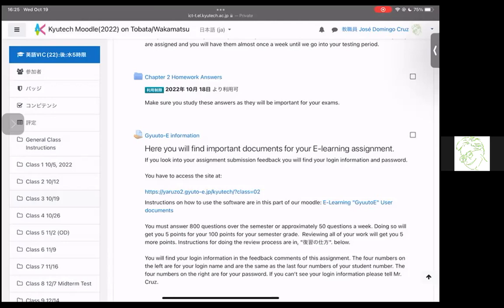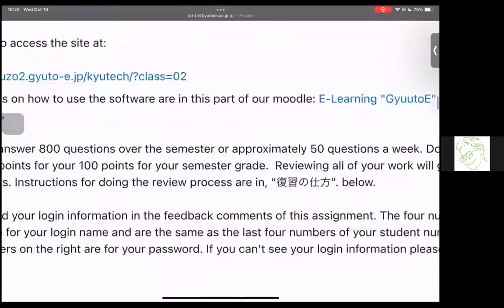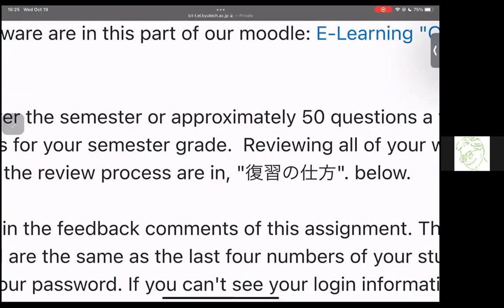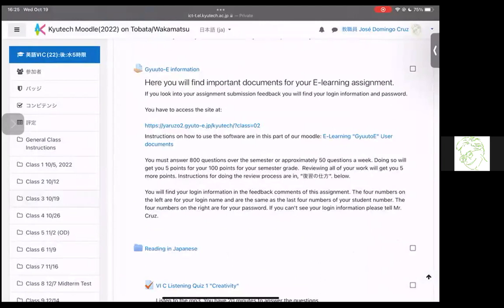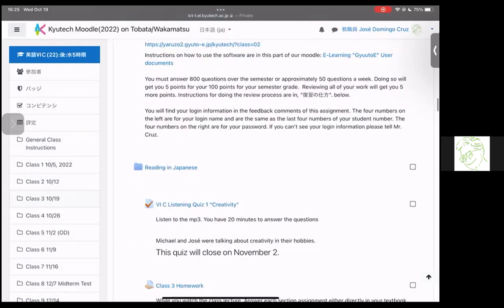Another one here is this fukushu no shikata. You also have to review all of your mistakes. So not just doing the VI C, but actually reviewing the VI C. And I'm going to show you that today. Don't worry about that. Every chapter in your textbook has a reading, might be a little bit difficult for you, but it's there in Japanese, so you can translate that yourself.